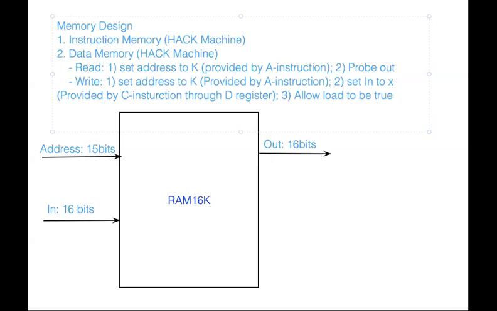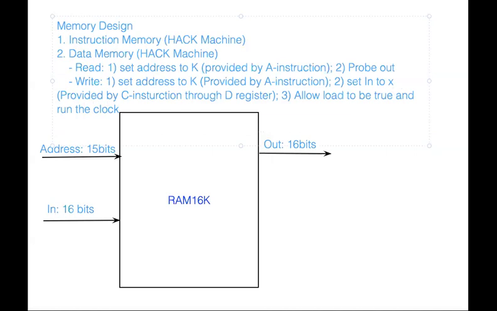Still remember our memory when we did the DFF? We have the load bit. The load bit being true means you can load to the memory and run the clock. Right, so this is a little bit complicated. Actually there are 3 steps.